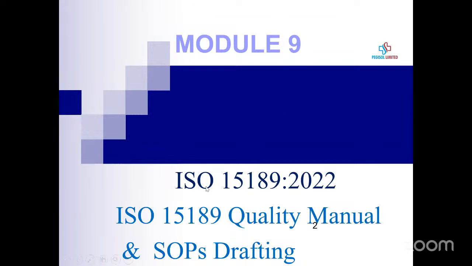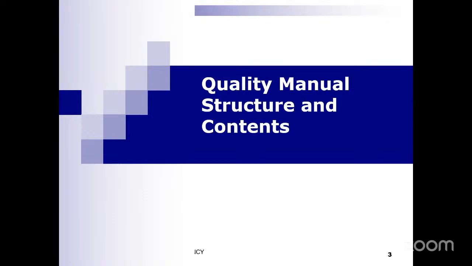We're going to look at the quality manual structure and its content as the first part. Please pay rapt attention. If you have a question, drop it in the comment section while we proceed.